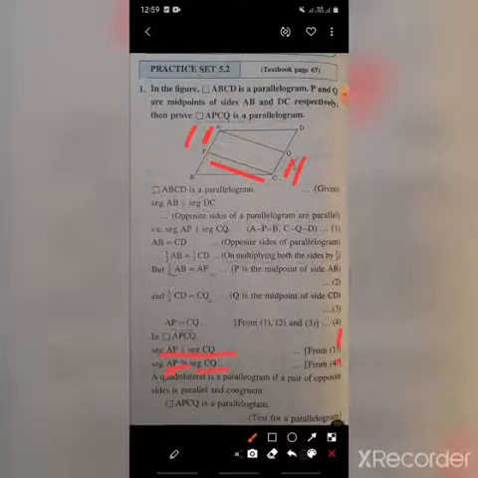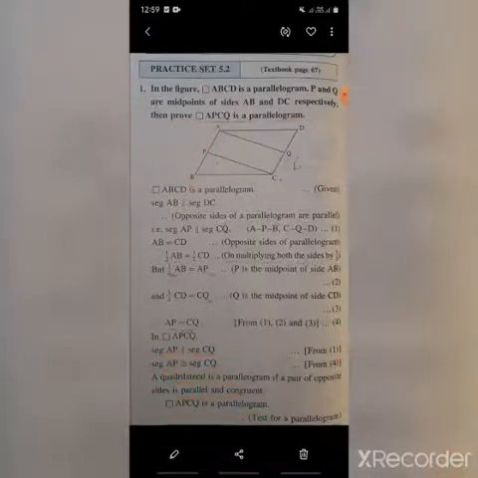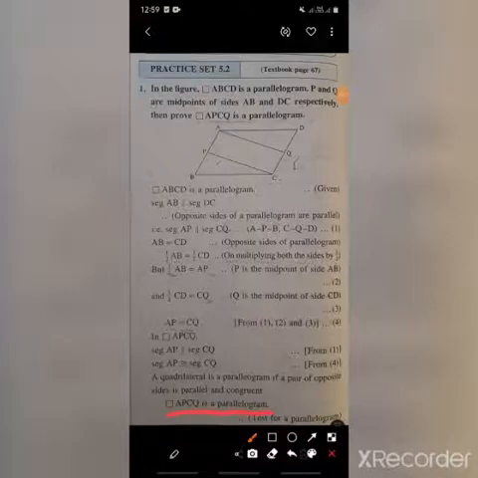So a quadrilateral is a parallelogram if a pair of opposite sides is parallel and congruent. So APCQ is a parallelogram, by the test of parallelogram. So here we can prove APCQ is a parallelogram.